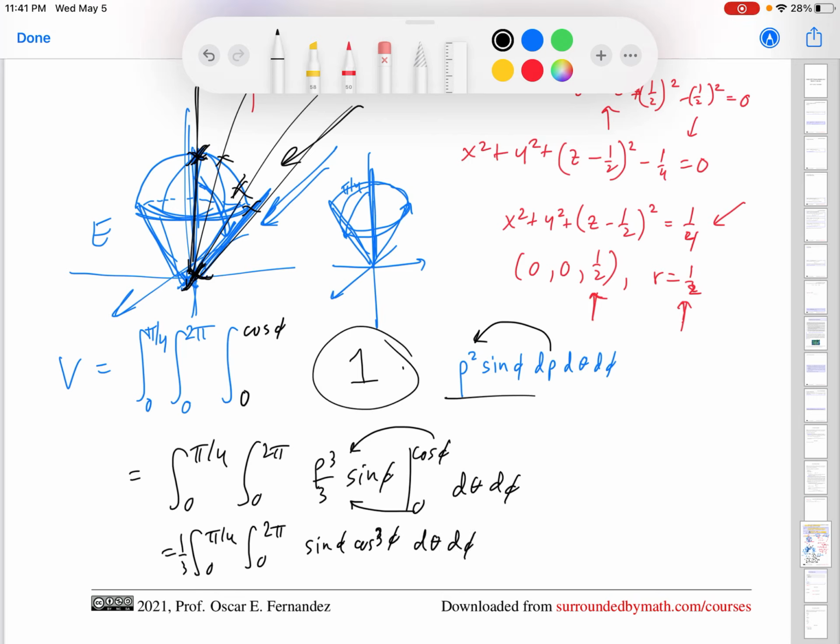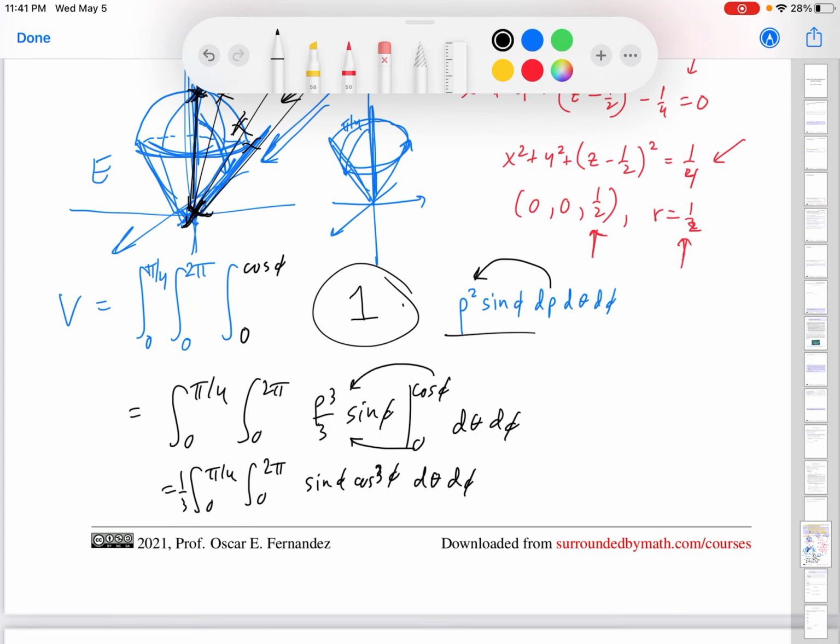Okay, and now we're back to double integral land. And in fact, it's even easier because we can integrate out the d theta. There is no theta here, so theta just integrates to 2 pi. So I get 2 pi over 3 times the integral from 0 to pi over 4 of sine phi cosine cubed phi d phi.